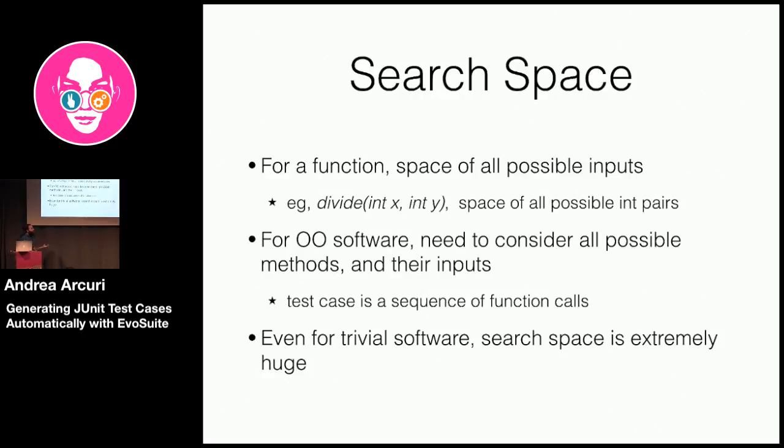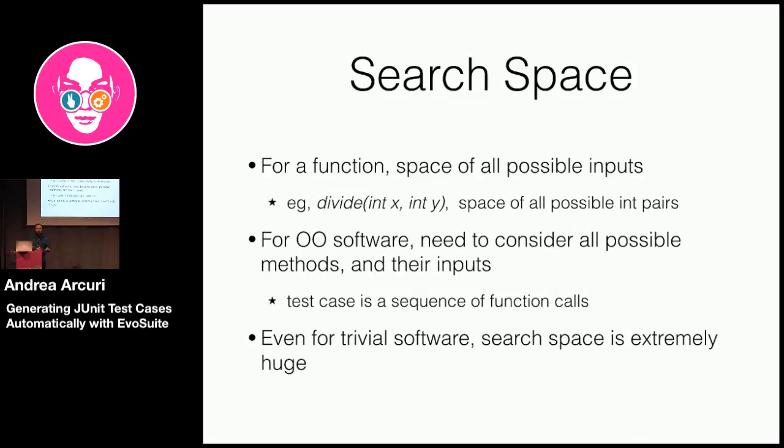The search space defines the solutions of your problem. For example, if your problem is to find the test data for a function that takes as input 2 integers, your search space is the space of all possible combinations of 2 integers.